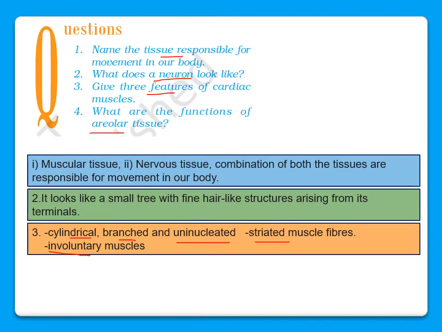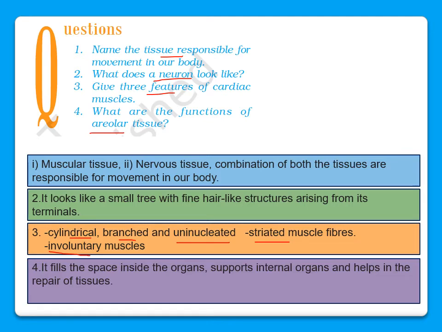If you remember, we did it when we were discussing connective tissues. Areolar tissue is a type of connective tissue. The main function of areolar tissue is to fill the space inside the organs, to support internal organs, and to help in the repairing of tissues.